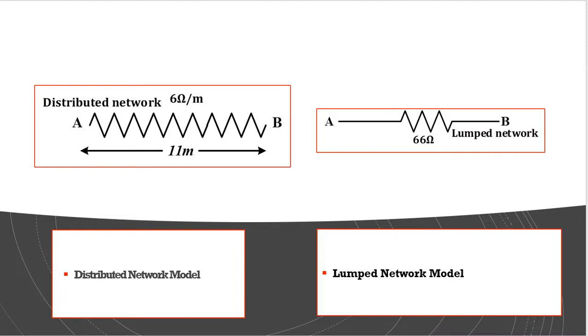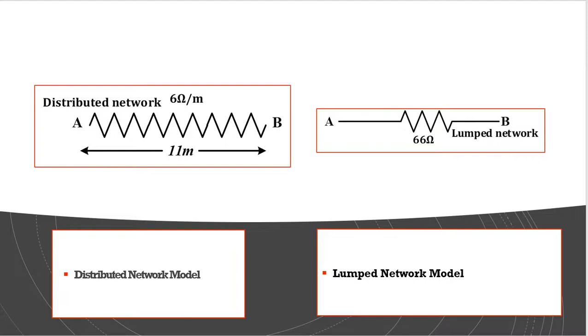Likewise, when we convert this into a lumped model, what is meant by a lumped model? We want to gather, to collect, to concentrate the whole network by representing it with a single small resistance, right. Therefore, we have lumped this model, and this lumped model is equal to 66 ohm, right.